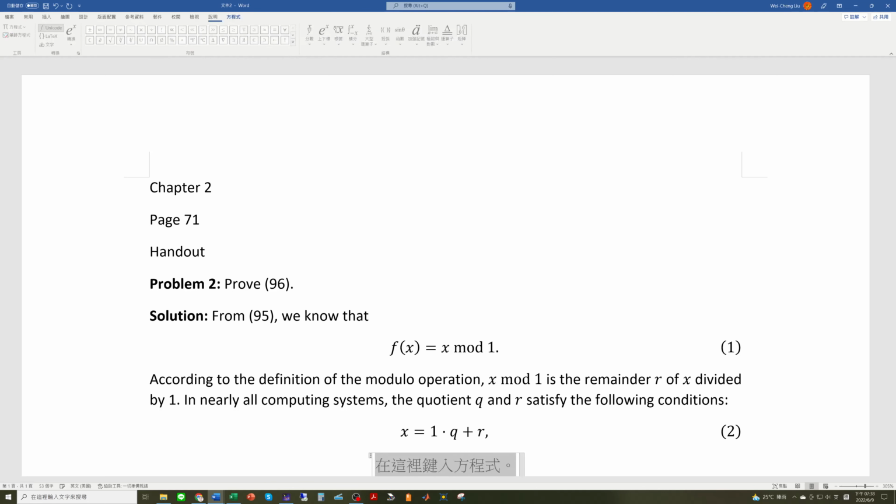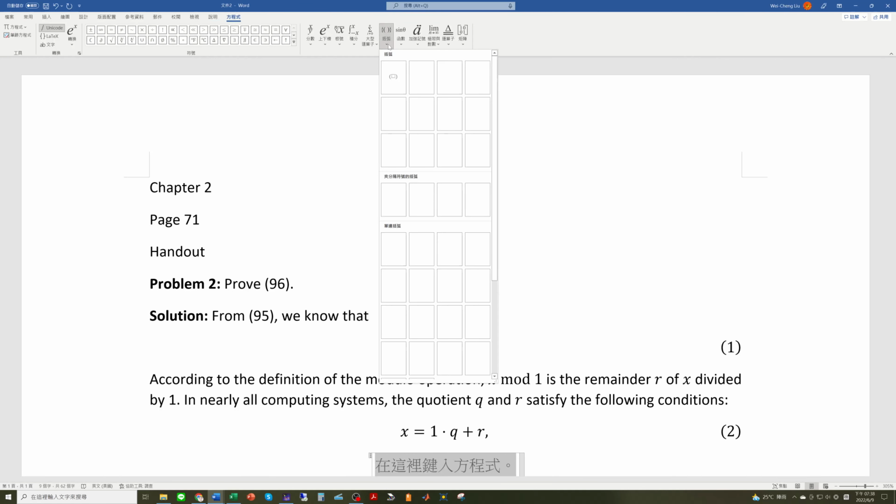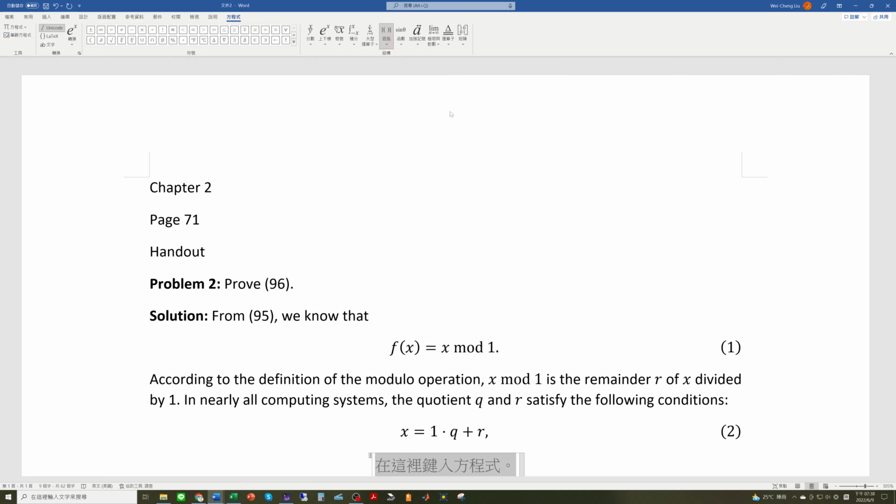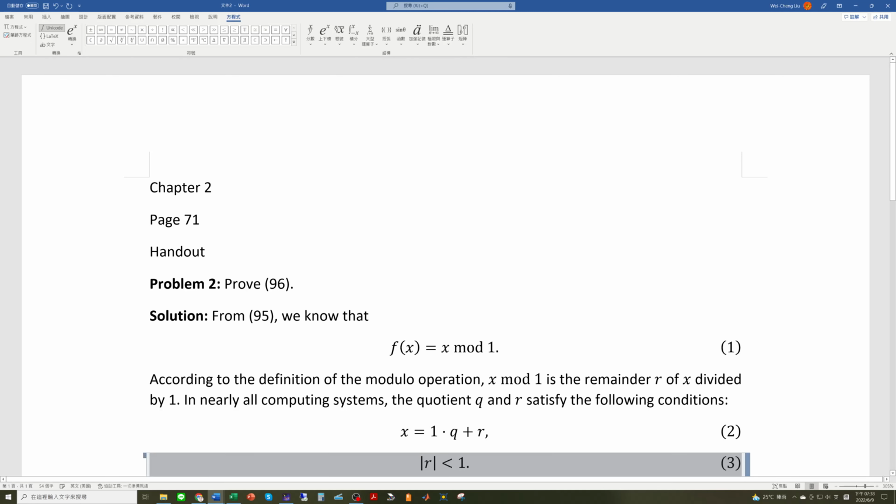And next, the absolute value of R is smaller than 1. This is equation 3.